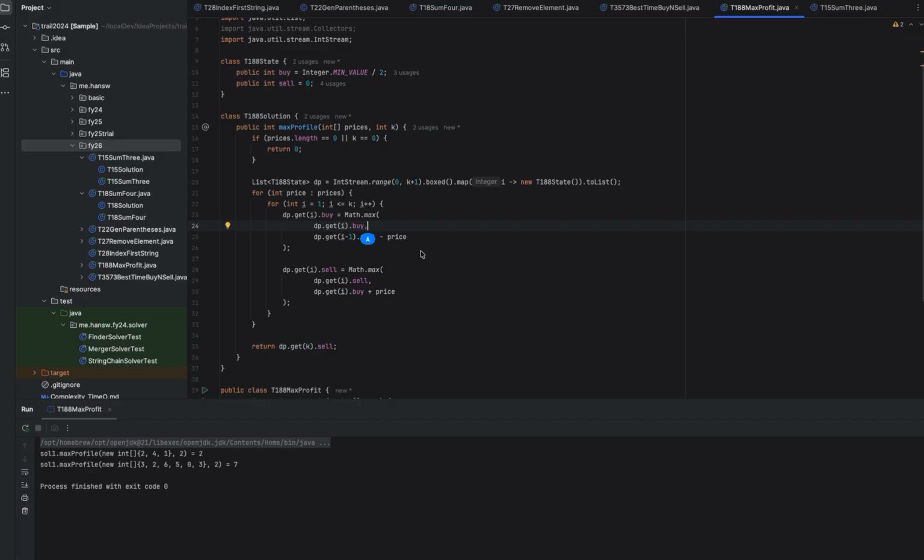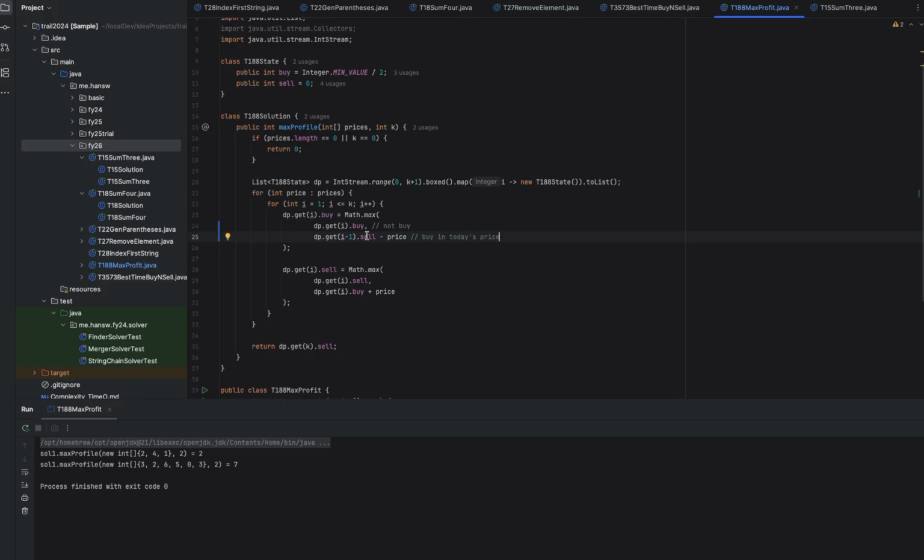For each buy, we take the maximum between the default, not buying, and selling from the previous position and buying at today's price.